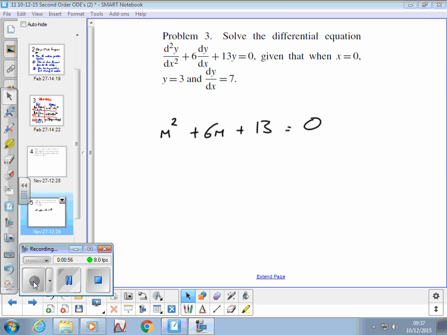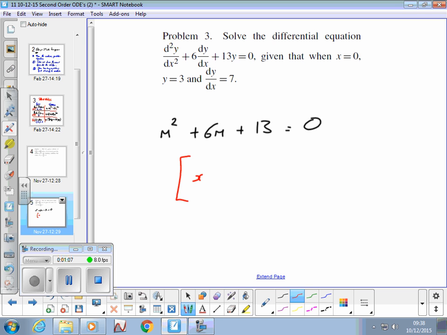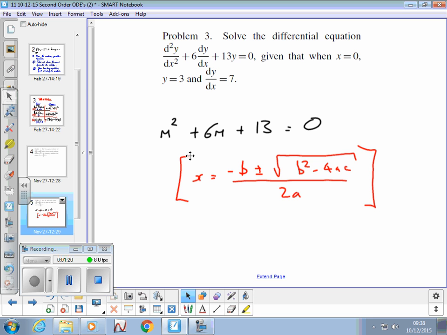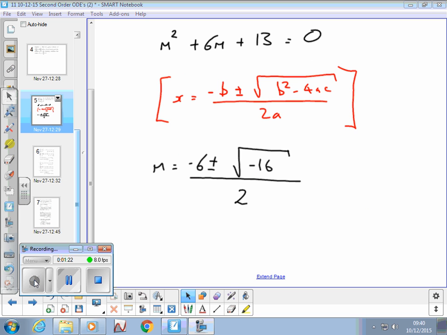So I'll just pause this while you solve that quadratic equation using the quadratic formula, which is this, if you can't remember. All over 2a. Hopefully you're going to end up with something like that.